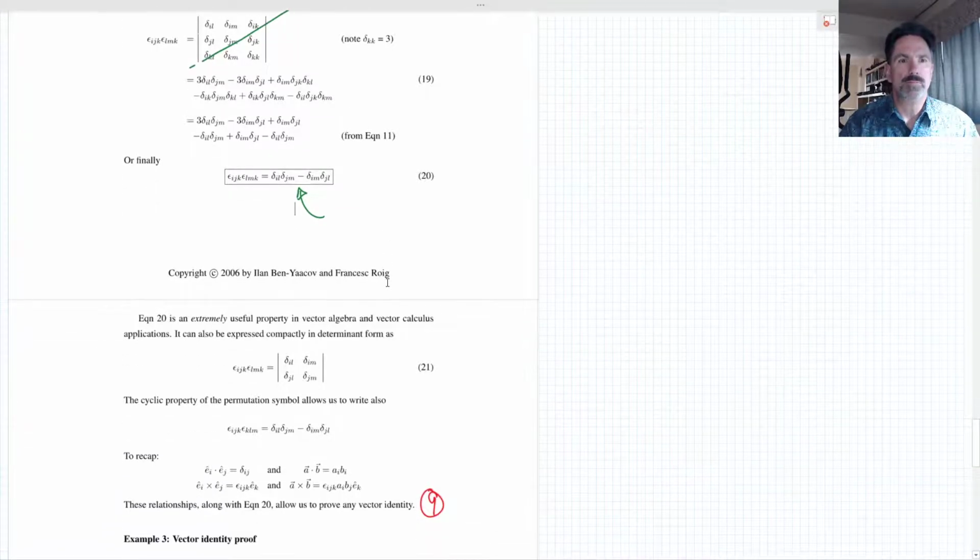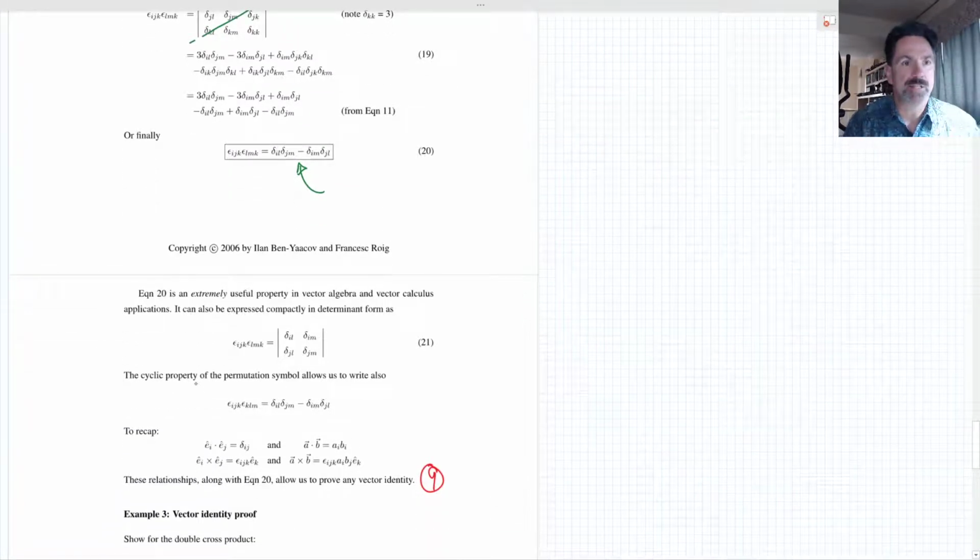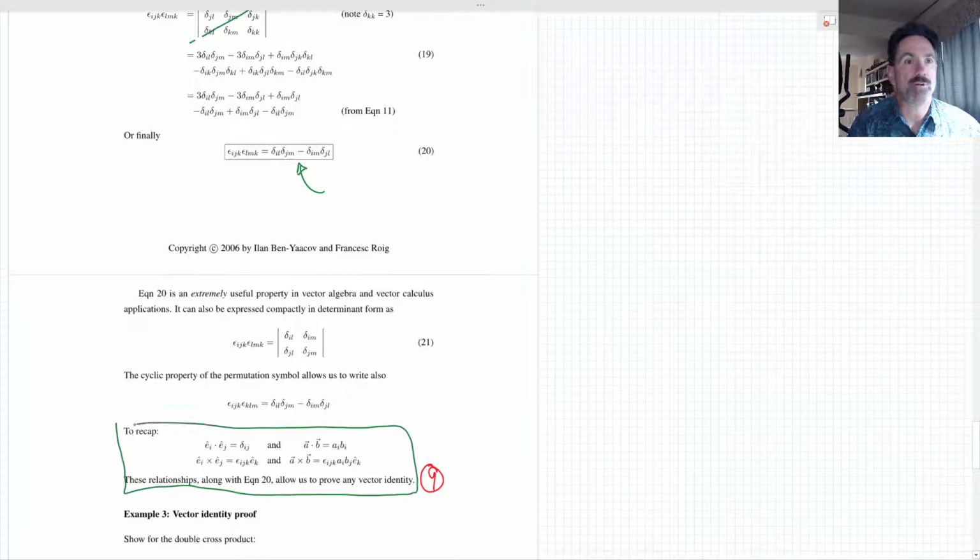And this recap is the part that's interesting. I apologize, it's a little bit sloppy here with my pen. What the recap says is these facts, the facts that I said I think you should memorize. The dot product of the standard basis vectors is the Kronecker delta.